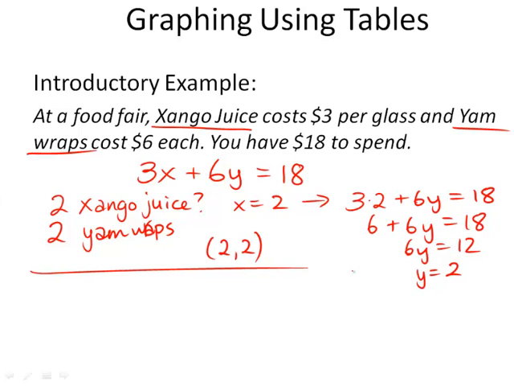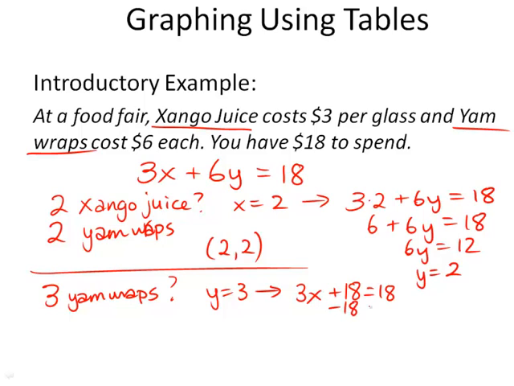What else? Well, we can see that 18 can be made by 3 times 6, so what if you had 3 yam wraps? So then you'd have y equals 3. So let's replace the y with 3. That would leave us with no money.